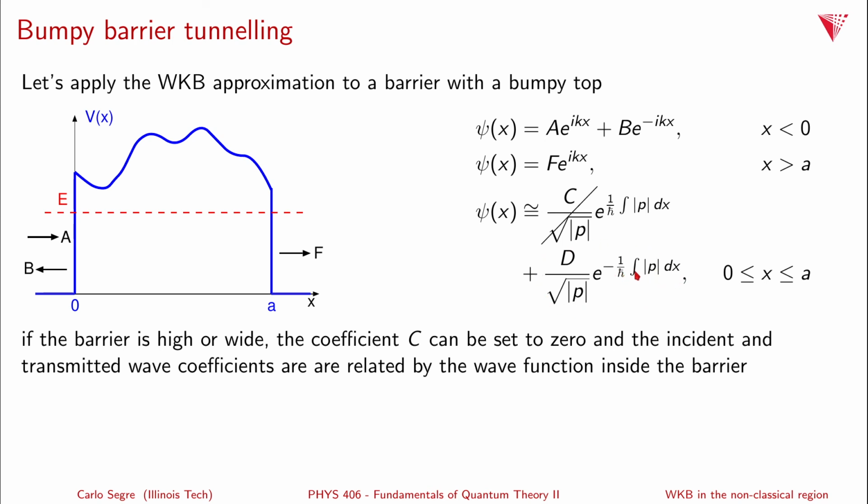So by integrating the momentum, which depends on x, from 0 to a, we can make a connection between F and B and A. F squared is then approximately equal to A squared times e to the minus 2 over h bar times the integral of p dx.